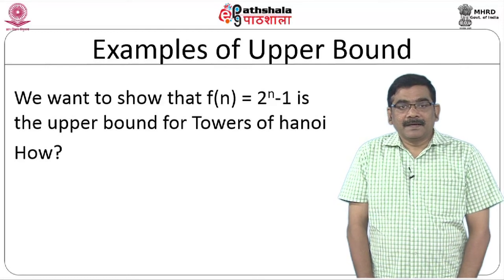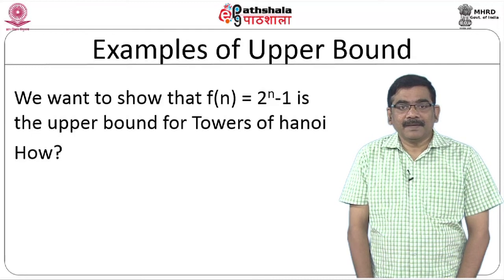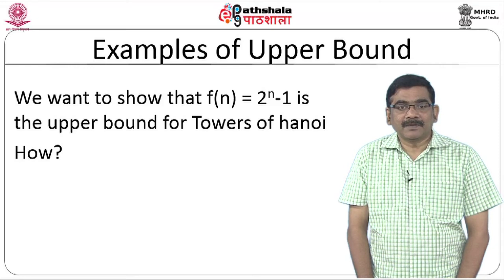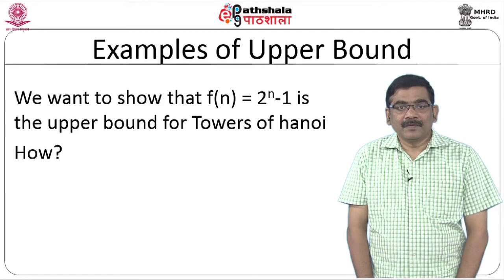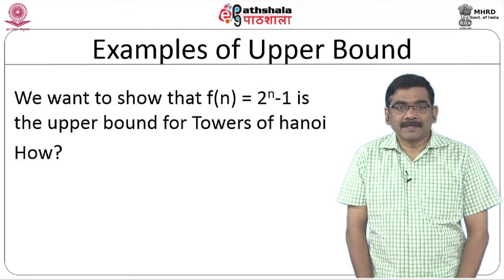What is an example of an upper bound? So, we will take the towers of Hanoi. In an earlier module we already discussed the towers of Hanoi problem, where you can see that there are 3 pegs and you have the source disks in one peg. We have to transfer all the disks from the source to the destination using the intermediate peg.